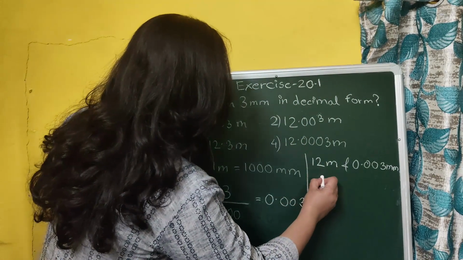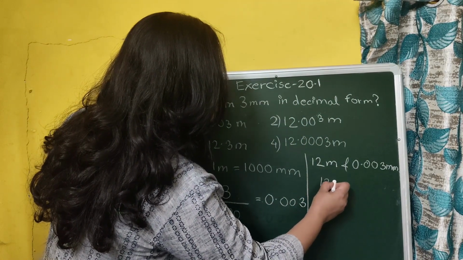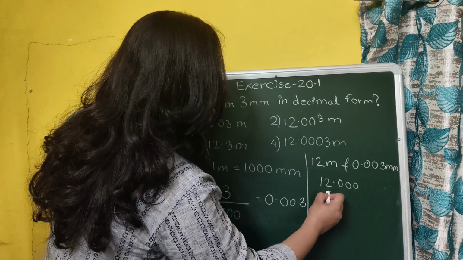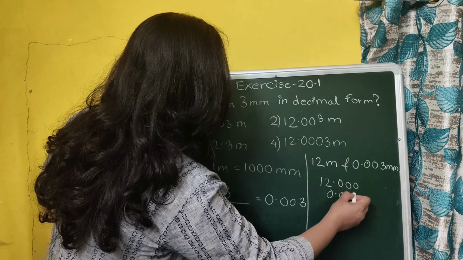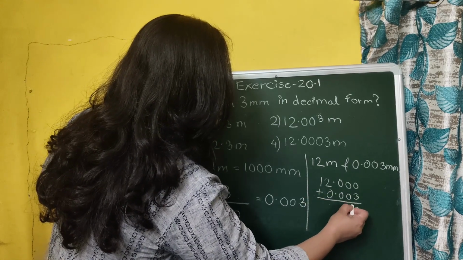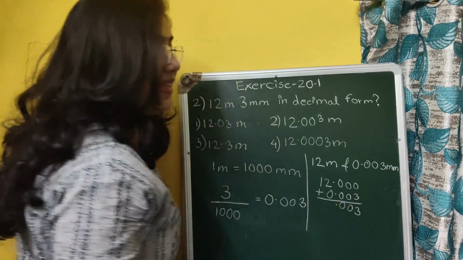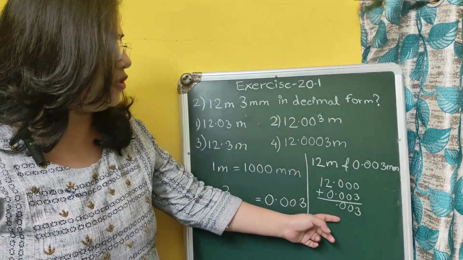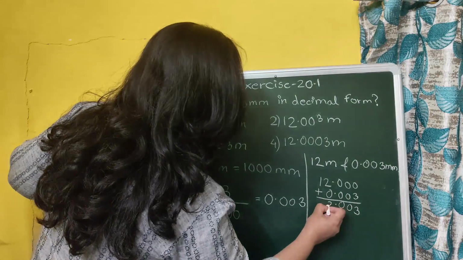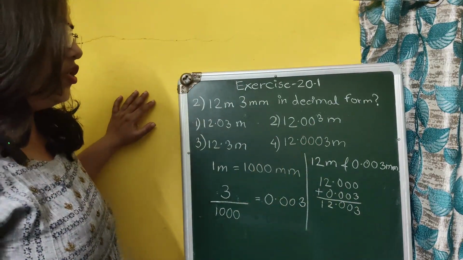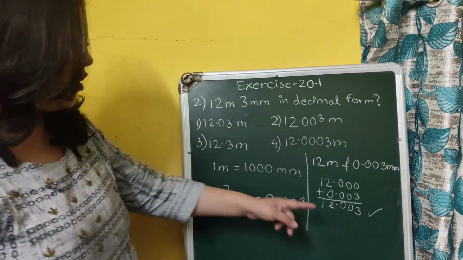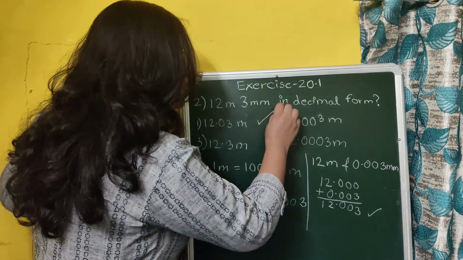That is 12.0000, and here we have 0.003 plus, so this will be point below point, we have to give point below point, and so this is it. Do you have this in your options? This is your answer, and your option is option number 2.